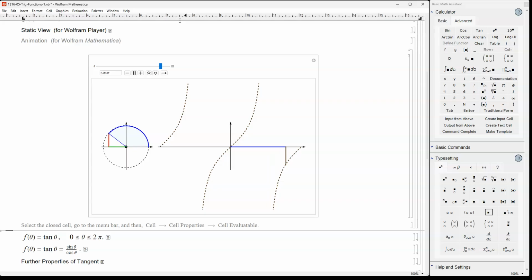From negative pi to positive pi, in the circle here we have the definition. Vertical over horizontal. That ratio is what you're looking at. And let's stop this motion. Okay, here vertical is 0. Horizontal is the same as the radius. So 0 over 1, so we begin with function value 0.